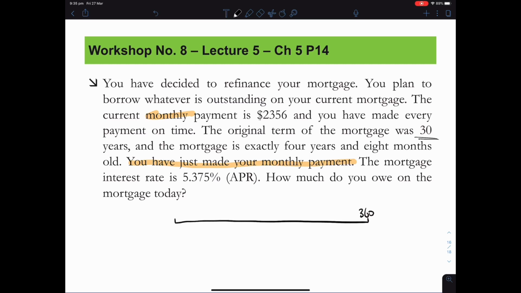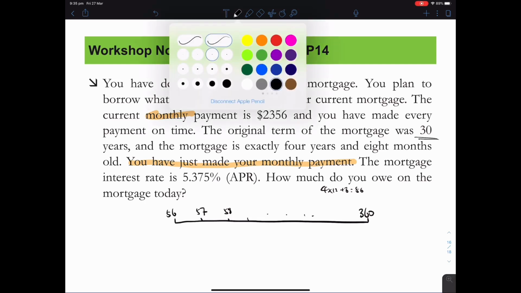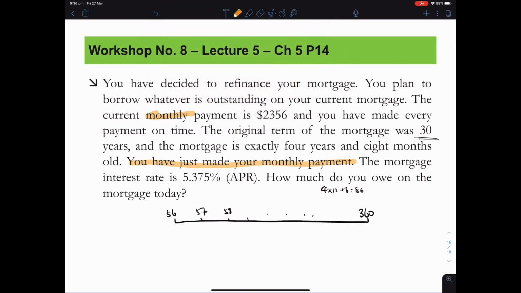And you have just made your monthly payment at exactly 4 years and 8 months. That means 4 times 12 plus 8, that means 56. And you just made your payment, which means your next payment is the 57th payment, and 58, and so on, right?